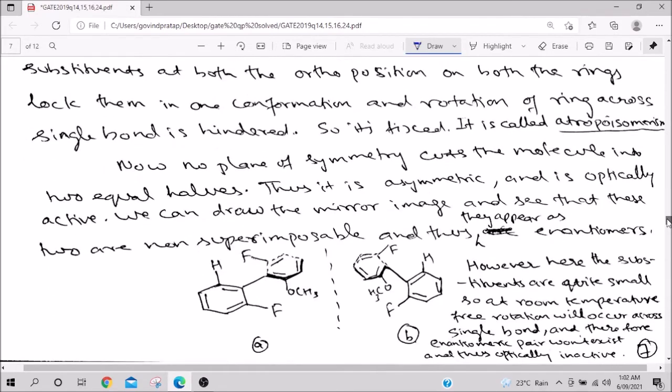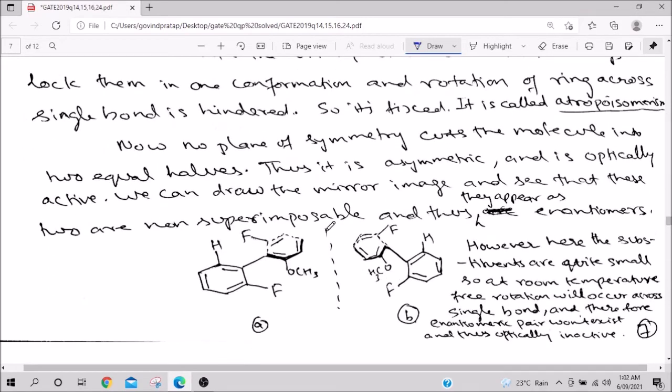So, now if you draw the mirror image, what happens, you are getting the same thing, what is outside the screen remains outside the screen, but this one is this side, right side. So, here it will be on the left side and you get this. Now, whatever you do, you will see that you will not be able to superimpose this on this. Okay.